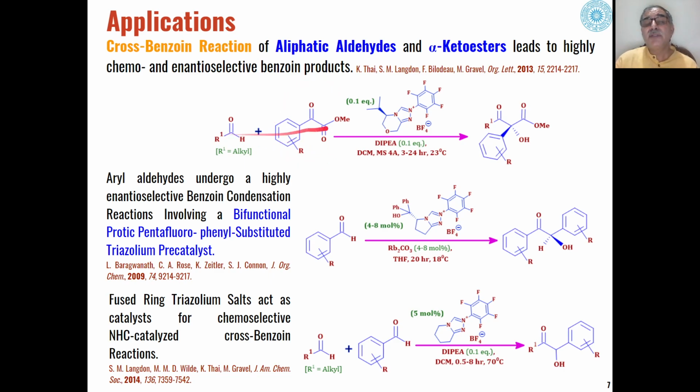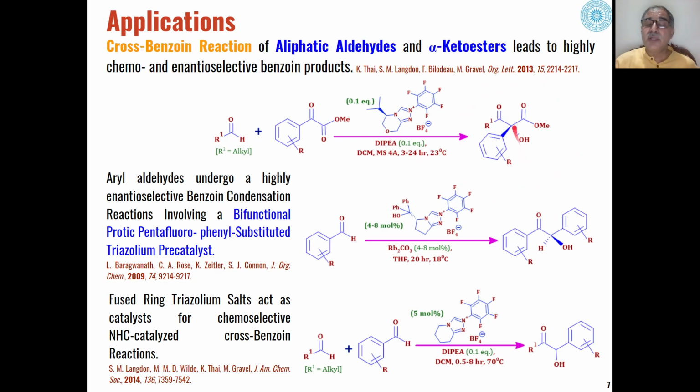So in this particular case, when aliphatic aldehydes are reacted with alpha-ketoesters, so this is an ester moiety which has an alpha keto group. So alpha-ketoesters, when they are reacted with aliphatic aldehydes in the presence of triazolium catalysts of this type in the presence of the base, then we will get highly chemoselective and enantioselective benzoin products.